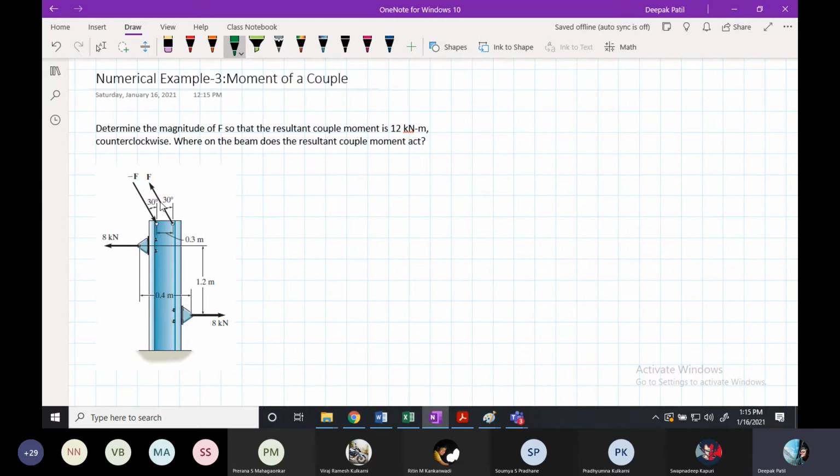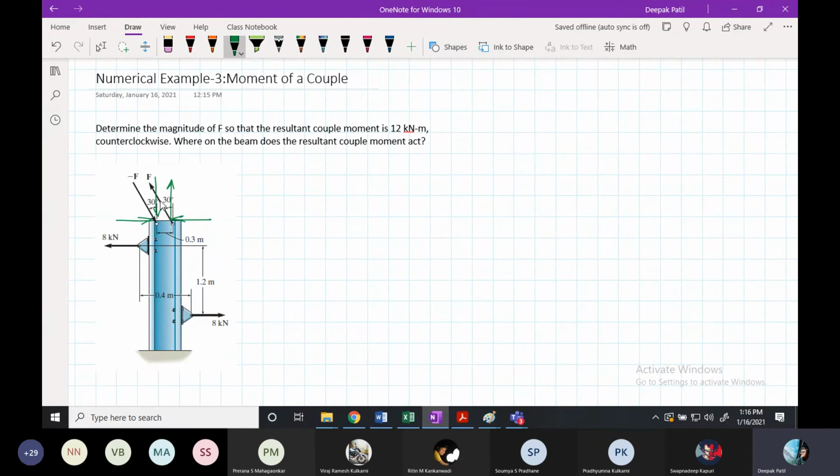I will try to resolve this force F. So the horizontal component will be in this direction, and the vertical component will be in this direction. Now similarly, for this force F, the horizontal component will be in this direction and the vertical component will be in this direction. Let me write down the values for them.